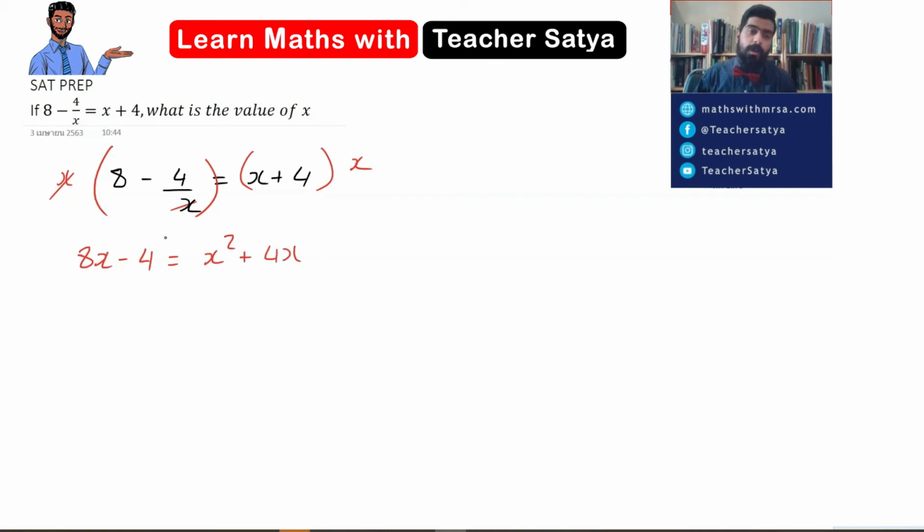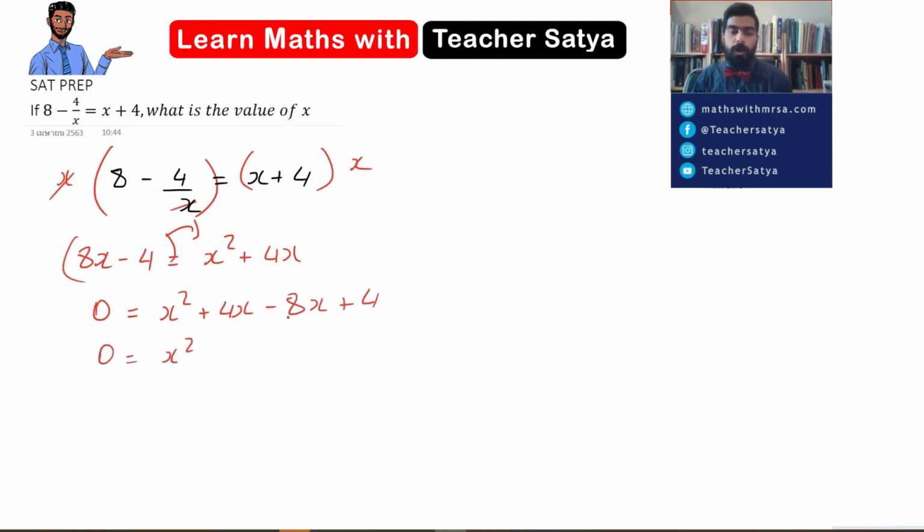Right guys, now I'm going to move all of this to the other side. So 0 is equal to x squared plus 4x minus 8x plus 4, and 0 is equal to x squared plus 4x minus 8x will give us negative 4x plus 4.